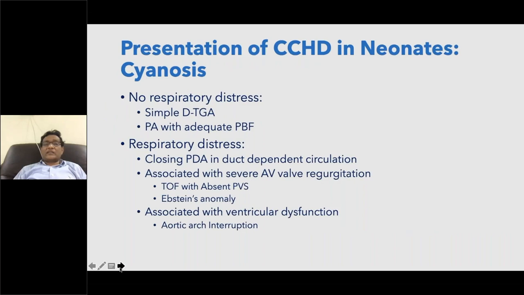So important message, any neonate presenting with cyanosis, no respiratory distress, a simple transposition of great vessels, or pulmonary atresia with adequate pulmonary blood flow.